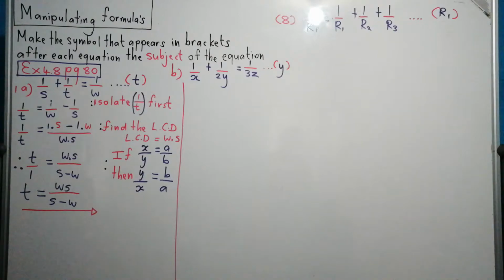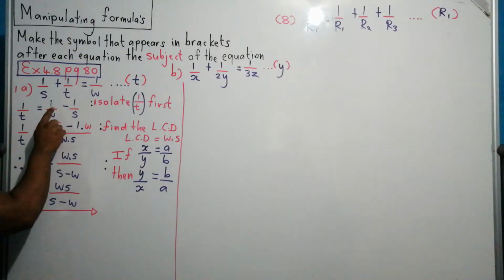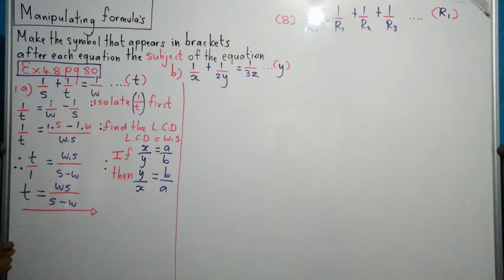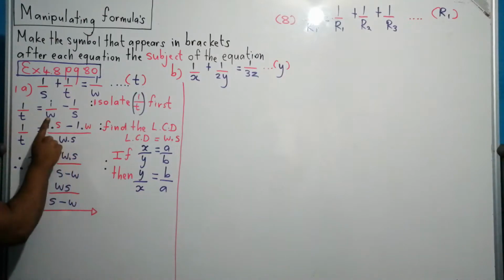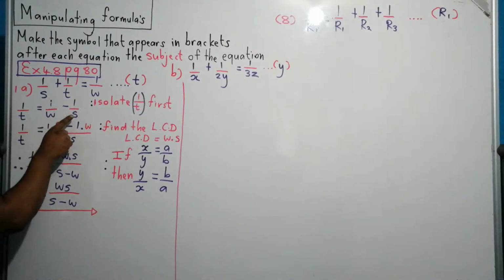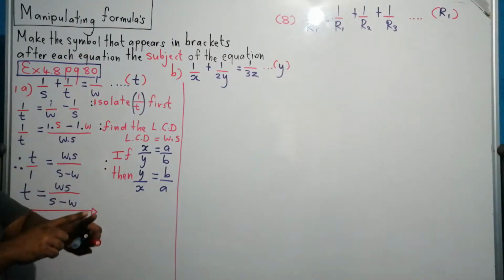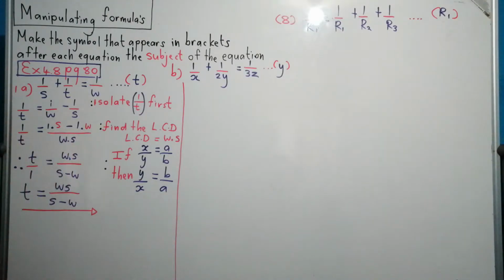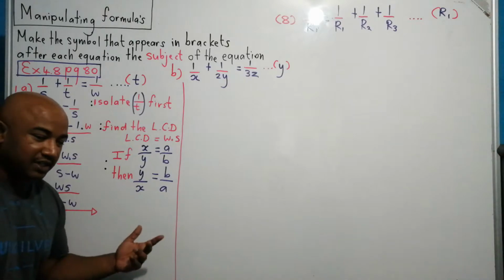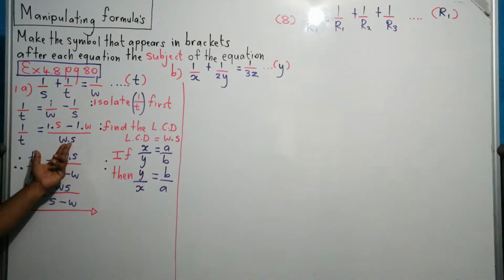Now what we have here is a fraction minus another fraction. So what do we do? We find the lowest common denominator. Your denominator here is w, and here you have s. If you multiply the two denominators, it will be ws. Here I'm just using a shortcut: you just multiply the denominators, ws.